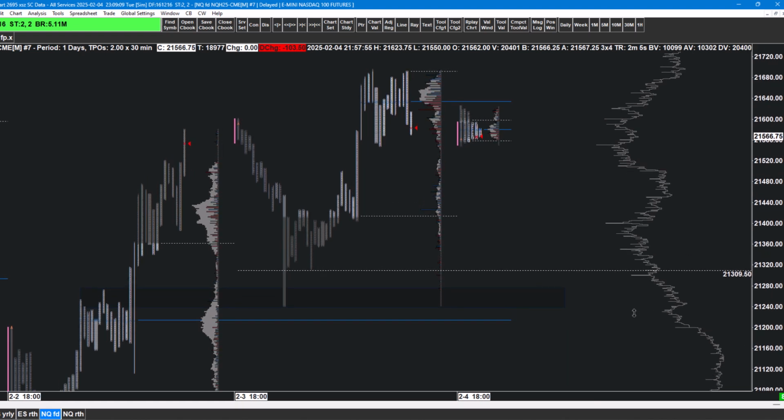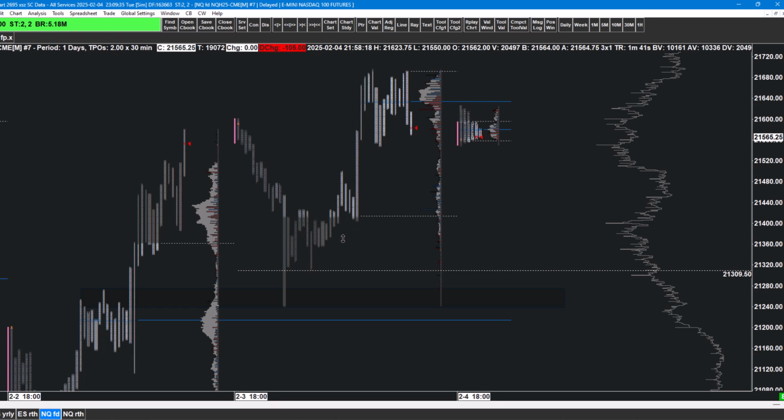Now, I hate ICT. But one of the things I do consider are SMTs because I know they work. I actually know a really good order flow trader who still looks at SMTs. And all he trades is his order flow. He doesn't look at anything else related to ICT.